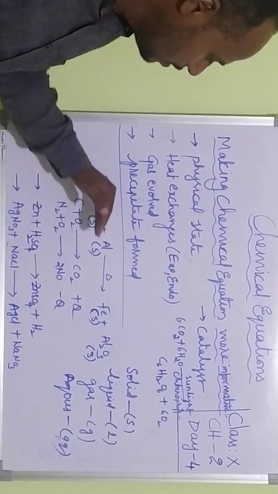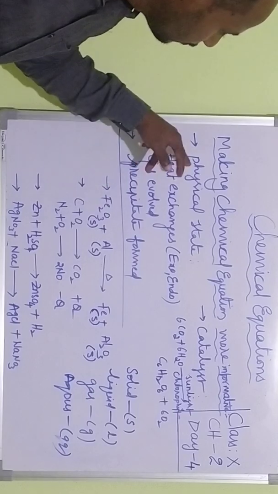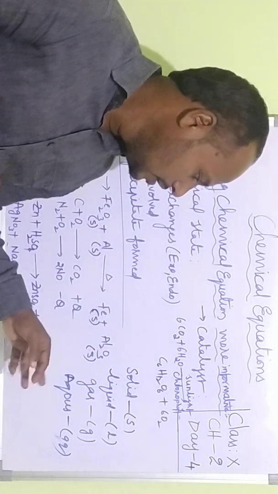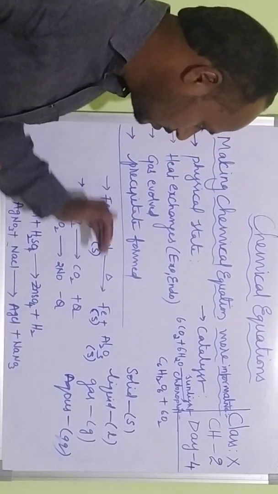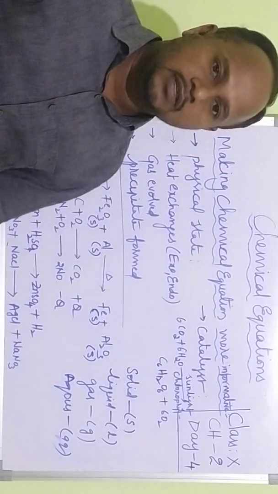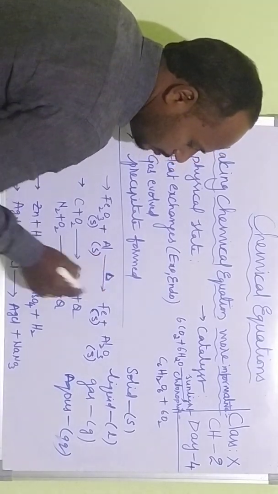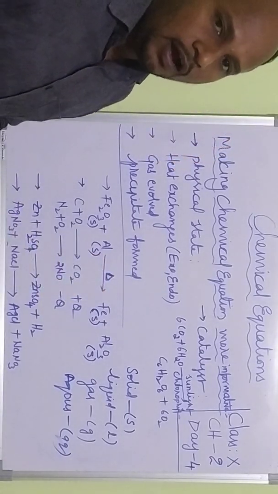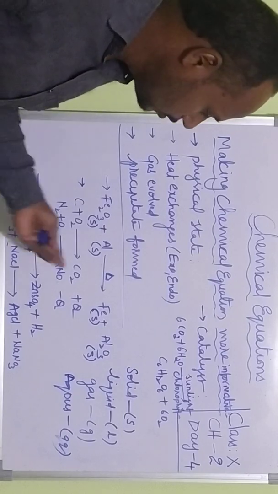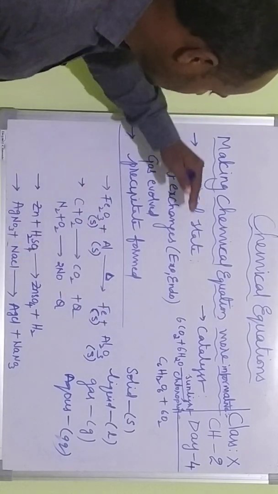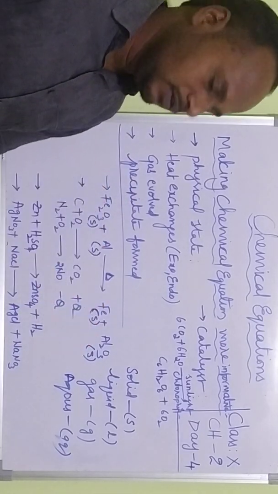This is the information about the physical state. If you mention all the solid, liquid, gases and aqueous, you can find out the exact statement. In this, delta indicates applying heat. When you apply heat, it gives you this kind of products. In case of physical state, if you mention them, you can find out easily.